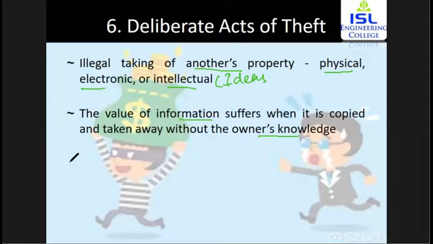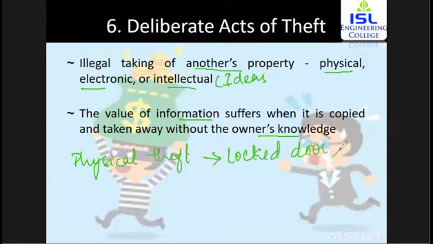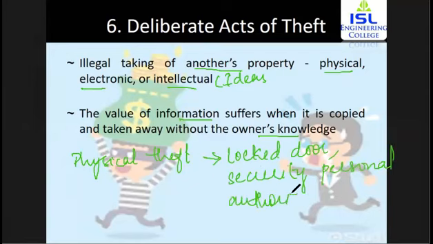Now suppose it is a physical theft, this physical theft can be controlled easily. This can be controlled via having locked doors, providing security personnel on the doors and giving authorized access, or installation of alarm systems.